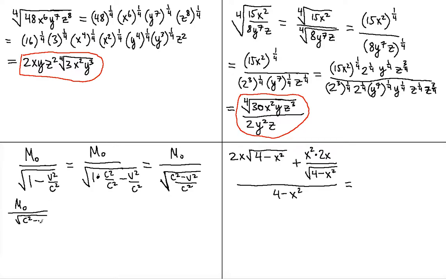So c squared minus v squared divided by square root of the c squared. All right, and this is the main division sign. Be careful that you notice that. So that means, as you can tell, m divided by 1 multiplied by the flipped fraction, which is square root of c squared over square root of c squared minus v squared.